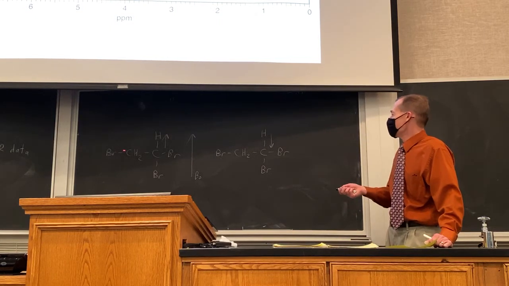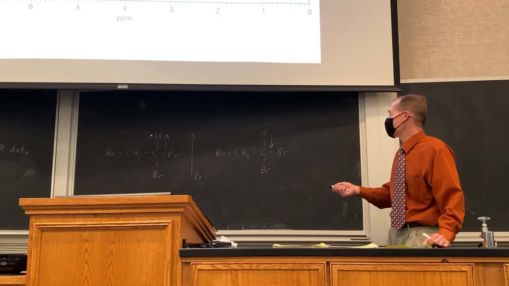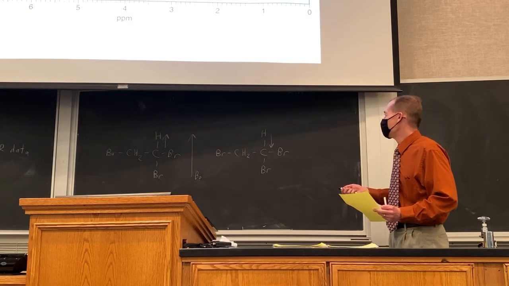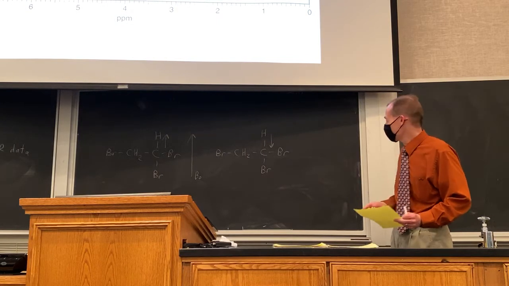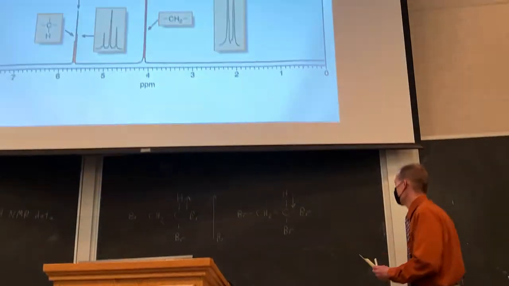Okay? So the CH2 protons are within 3 sigma bonds of the CH, so they are close enough to feel the effect of the two different nuclear spin states. That's what leads to 2 peaks in the signal.